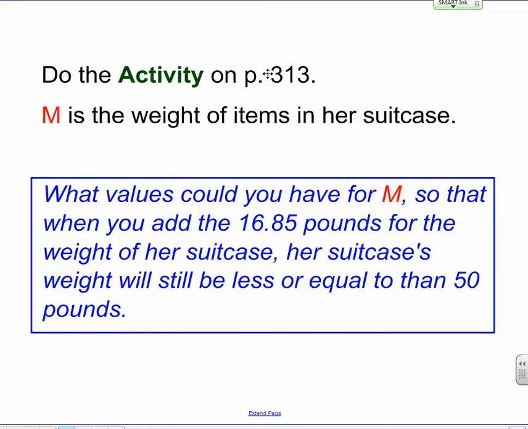What you find out on this page is that she has an empty suitcase that weighs 16.85 pounds. That's just the suitcase. And we're going to let M represent all the weight of her stuff. Her clothes, shoes, toiletries, teddy bear, whatever she's going to put in the suitcase. And the weight of her stuff plus the weight of the empty suitcase must be less than or equal to 50 pounds.